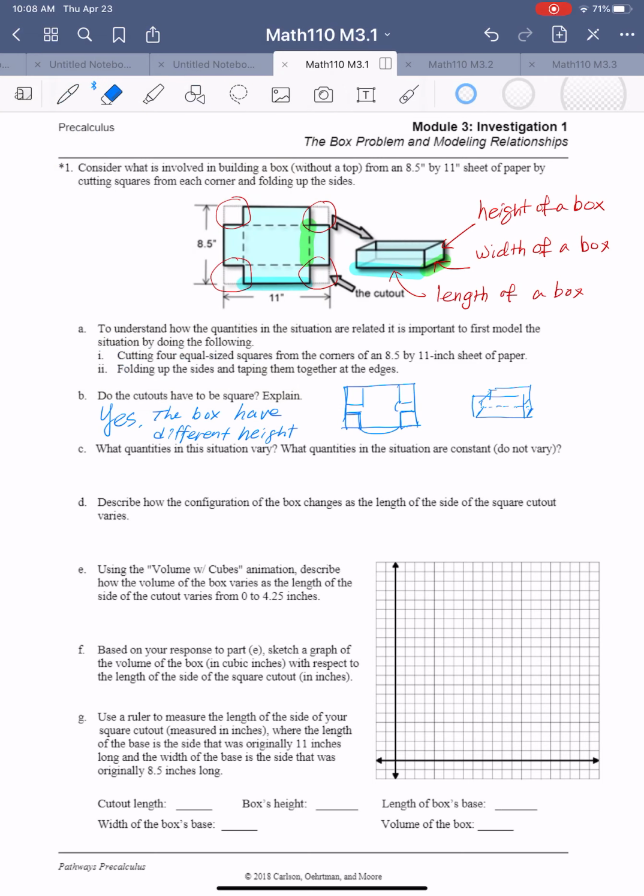All right, so let's talk about C. What quantities in this situation vary? We are talking about varying quantities.